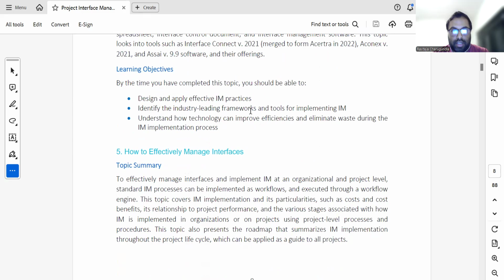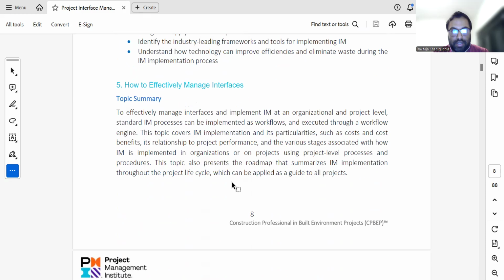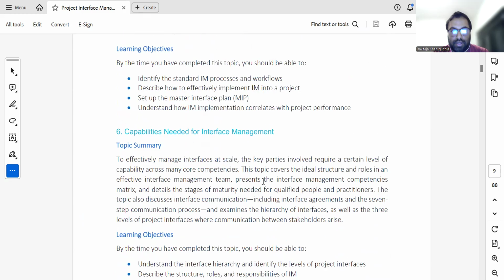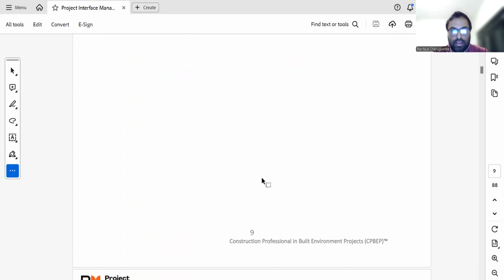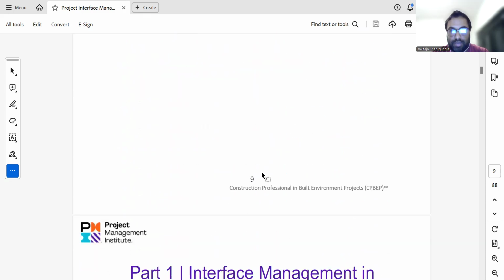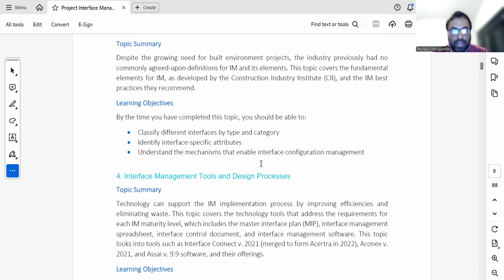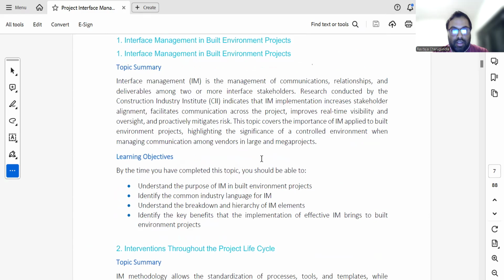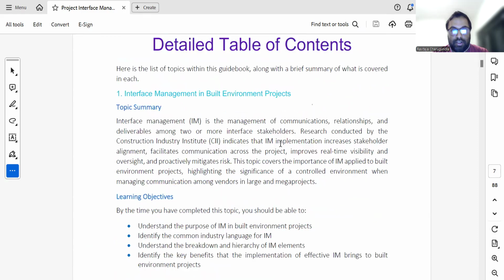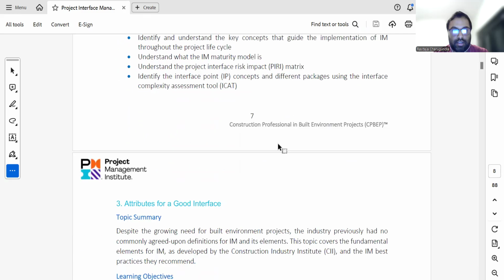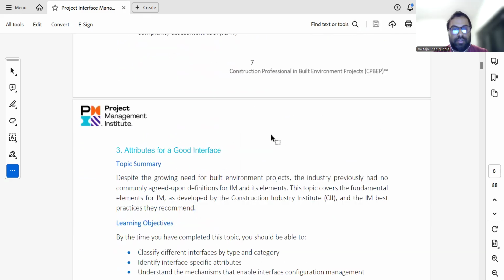The fifth is how to effectively manage interfaces. And the sixth is the capabilities needed for interface management. In this video, I would like to discuss the first 3 topics: interface management in the built environment, interventions throughout the project life cycle, and the attributes of a good interface.